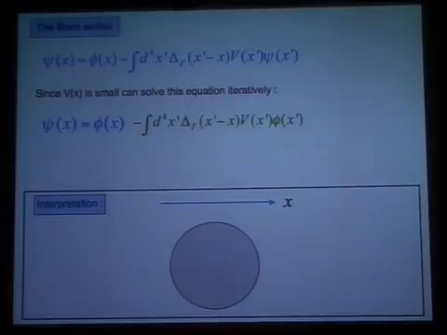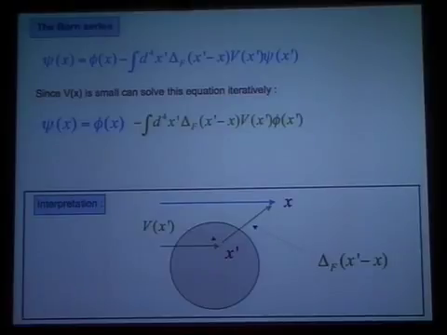So what I end up with is two propagators, one propagator from here and one propagator from substituting in here with this green term. I've got one insertion of the potential from the top and one insertion from putting this into the right-hand side. So I've got two interactions with the potential. And if V is small, this term will be small relative to the leading term, and this will be yet smaller. And the interpretation is that my particle interacts twice with the potential before going to the observer.